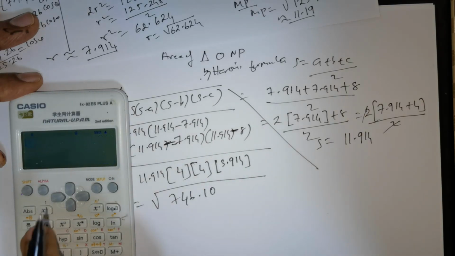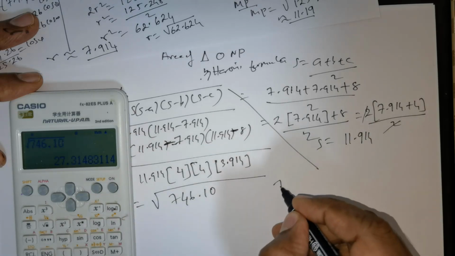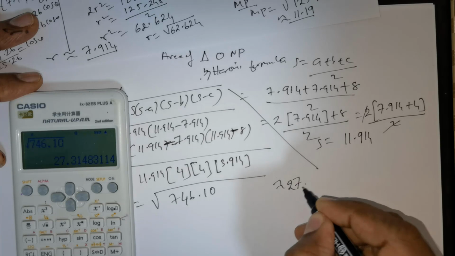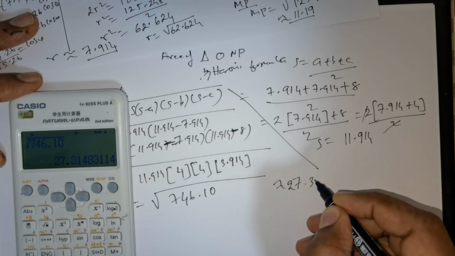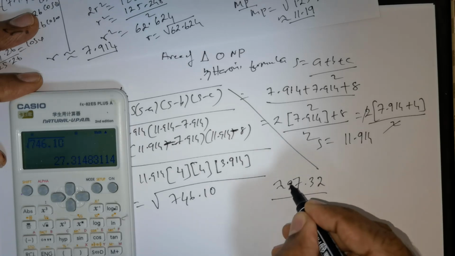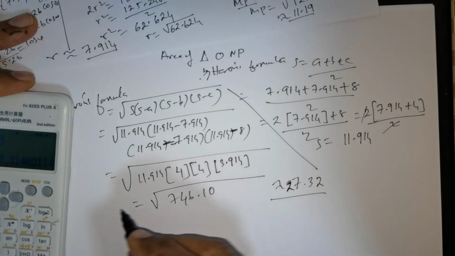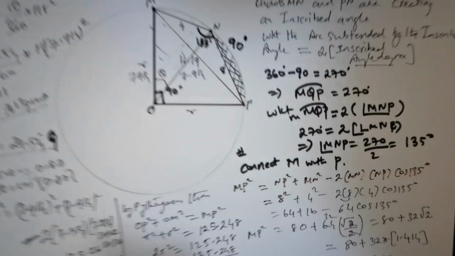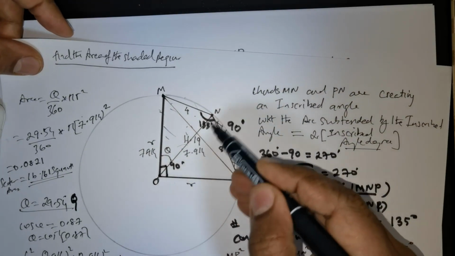So you take the square root of 746.10. That is approximately 27.315 or so, 27.32. Okay, so what is this? This is the area of this triangle.